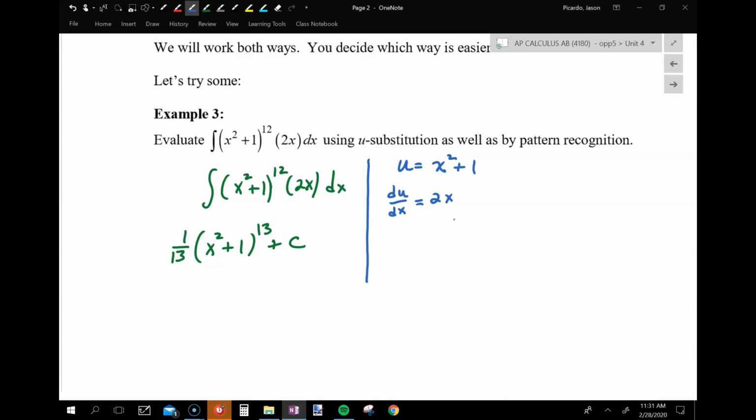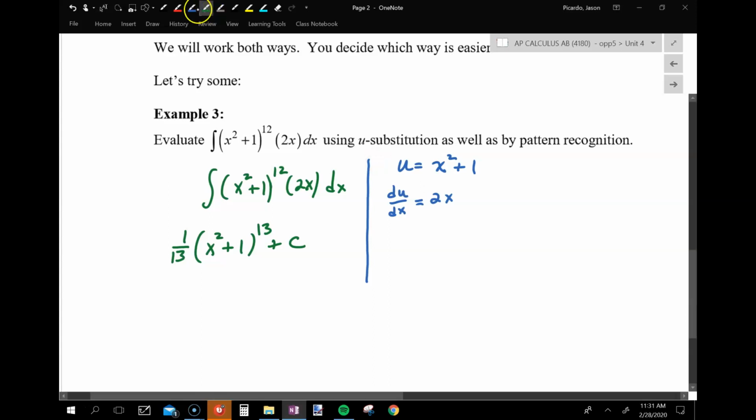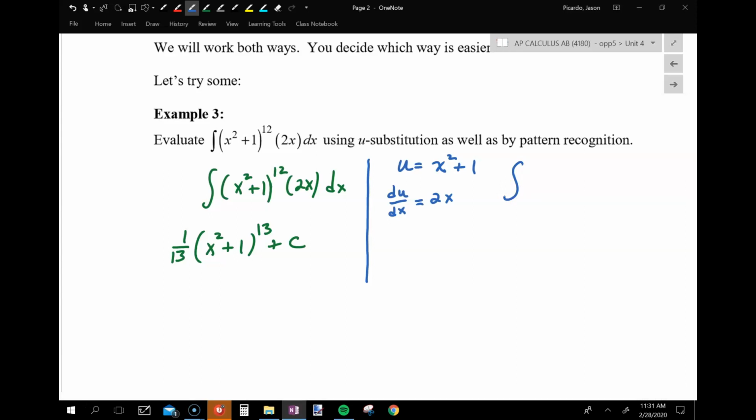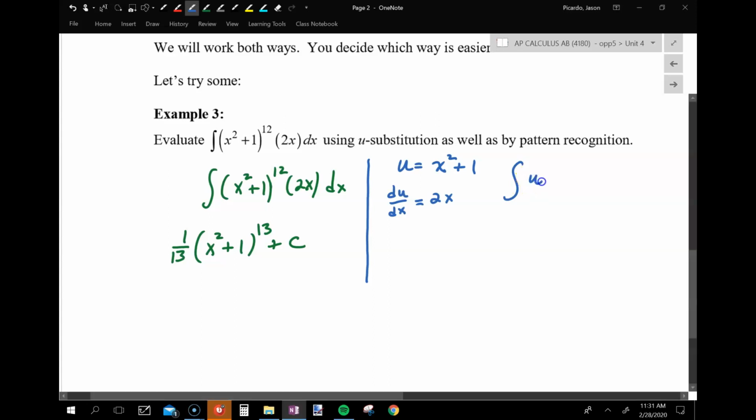And I'm going to rewrite my original problem, right? So what is my original problem going to look like now? Well, it's an integral of, go ahead, tell me what you think. U to the 12th, good. All right, so I got a U to the 12th. Now, I got this, right? I got to get this. Is there any way I can get this to look like this? Multiply both sides by dx, right?